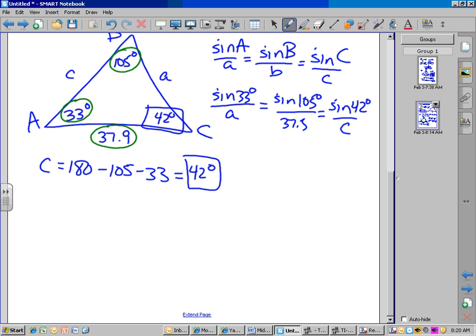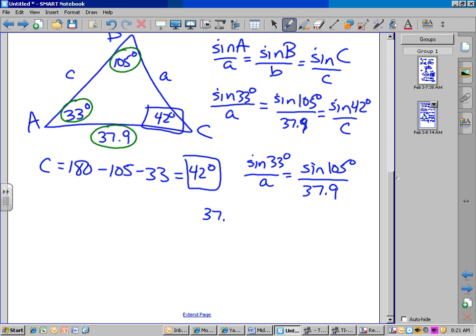So we have sine of 33 over a equals sine of 105 divided by 37.9. Whatever you're not solving for, cover up. We don't want it. So you're basically eliminating one of the fractions. We have a fraction equals a fraction. Cross multiply and solve.